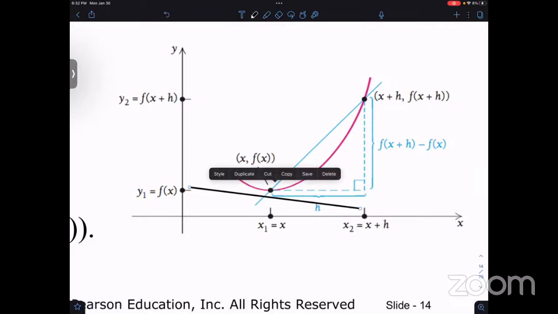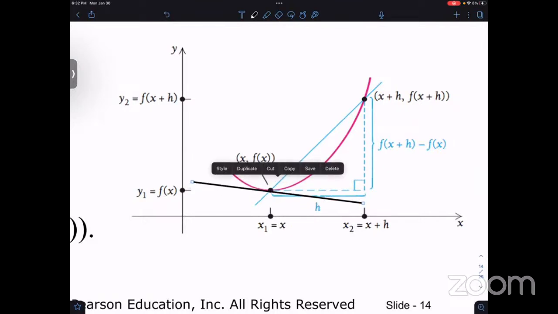You can't manually draw it. So to get the exact tangent line is kind of difficult. So we use this limit approximation: as h gets smaller and smaller, as h tends to 0, it gives us a better and better approximation of the tangent line. So we're using the slope of the secant to get a better and better approximation of the slope of the tangent. Okay, that's the gist of it.